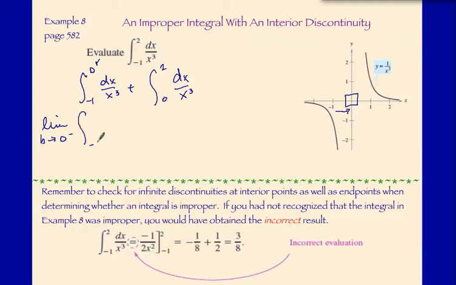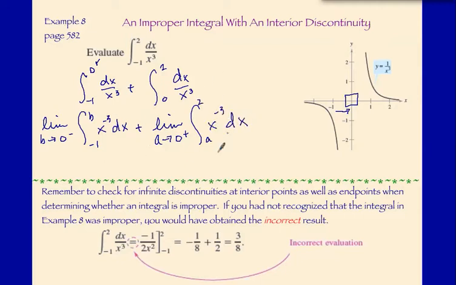Of this integral from negative 1 to b, we'll just say this is x to the negative 3 dx, plus, and then we're going to let a represent our problem area here, the limit as a approaches 0 positively of the integral from a to 2 of x to the negative 3 dx.